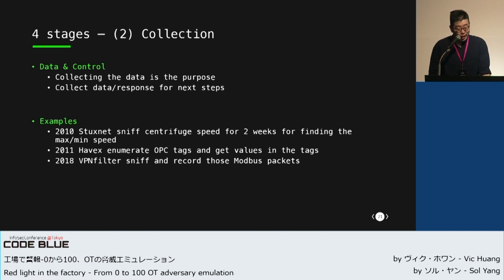For example, in Stuxnet, it sniffed the centrifuge speed for 2 weeks, to try to break the centrifuge. And in Havex, it enumerates the OPC tags, so it tries to steal the tag values. And also in VPNFilter, it sniffs and records the packets from the Modbus protocols.